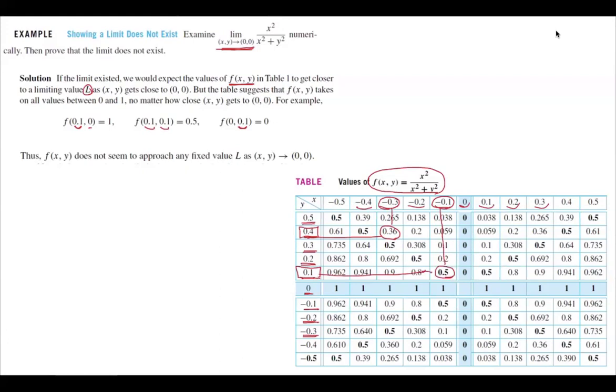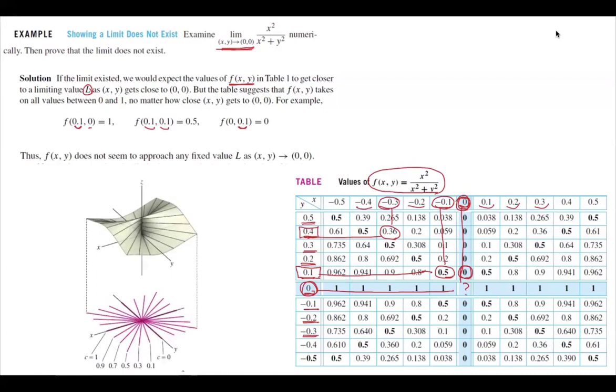If I plug in 0 for my x and my y is equal to, for example, 0.1, the value is 0. But if I plug in 0 and 0 into my function, well, it is undefined. So what's the meaning of that?